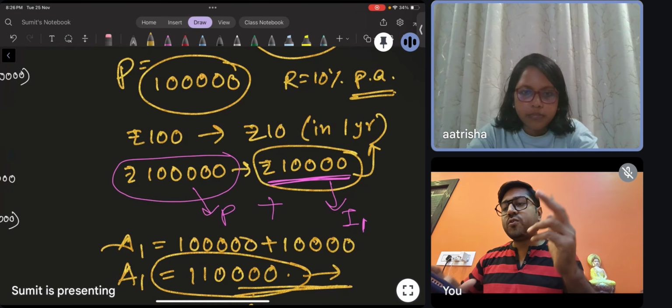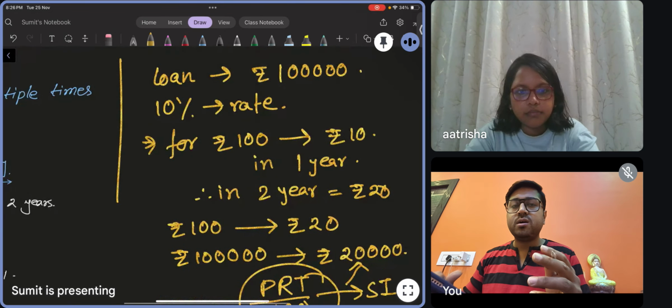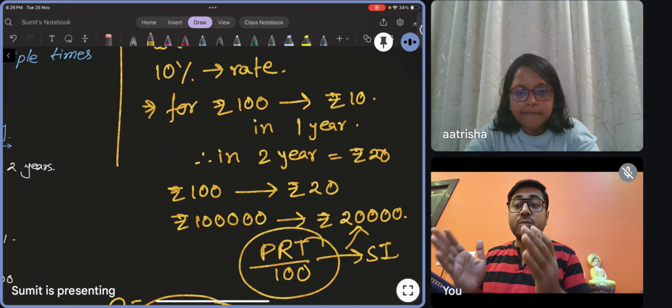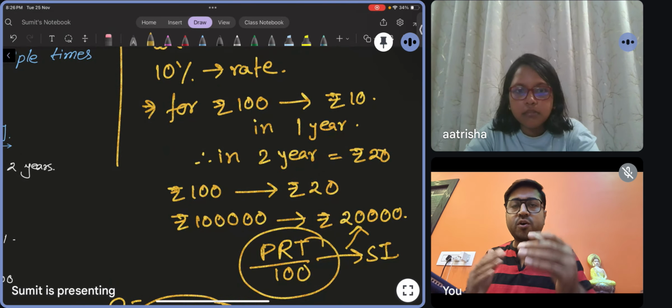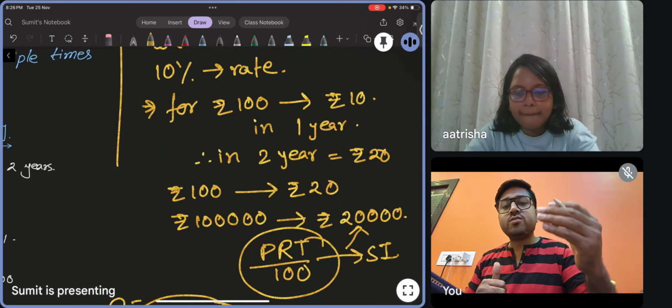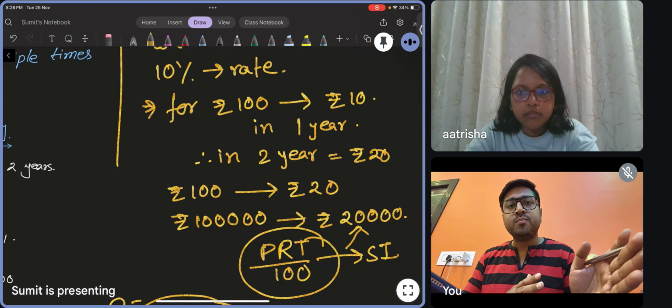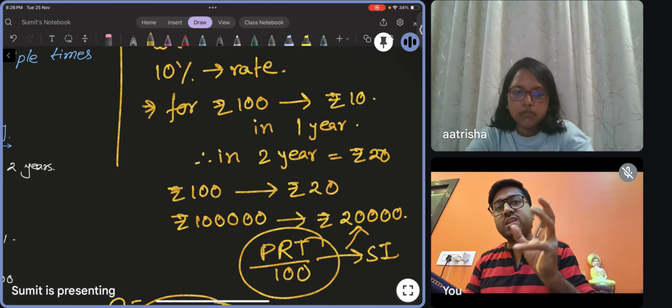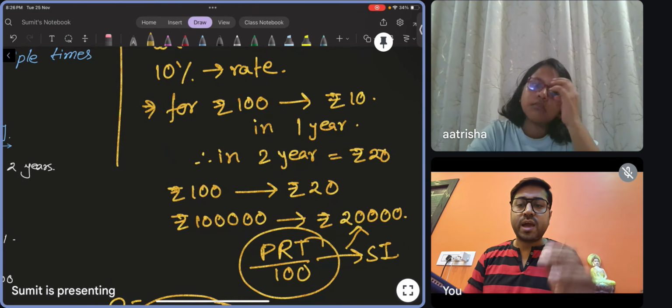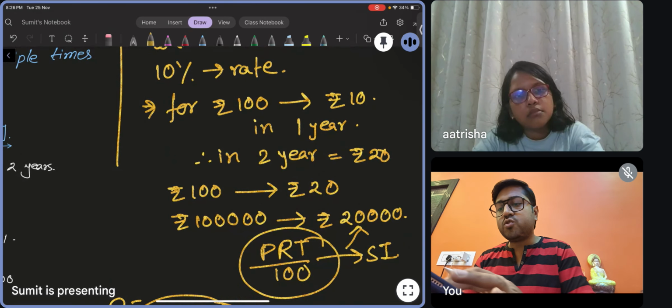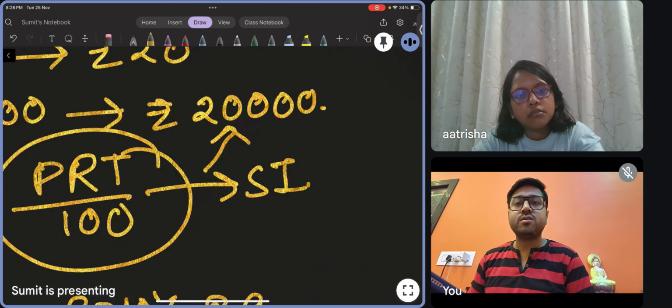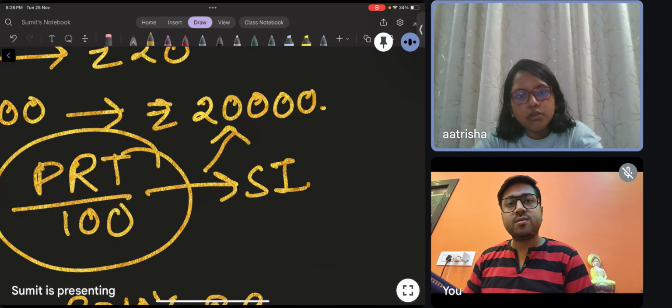But in compound interest, we break the time to calculate how much interest we have to pay. Correct? And always remember, if you are paying the interest, then for 2 years or more than 2 years, the simple interest will always be less than the compound interest. As you have seen, for the 2 years, what was the simple interest? 20,000.